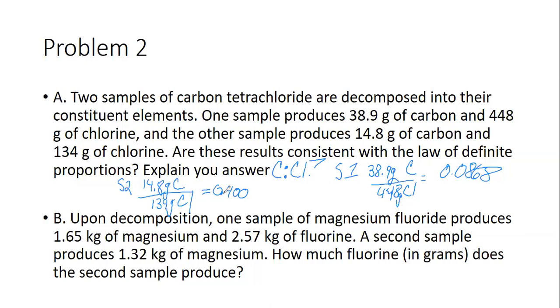What is the simplest answer for this being different? Does anyone want to give a guess other than the answer of I changed the numbers? If you were given a real experiment and your numbers were this far off and you were given 2 beakers that said these were carbon tetrachloride, and then you did this experiment and you found, wait, the law of definite proportions is not being followed, what would you assume? What would be your explanation?